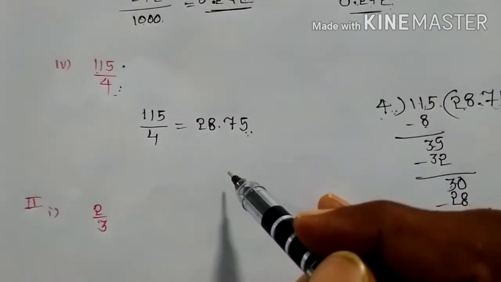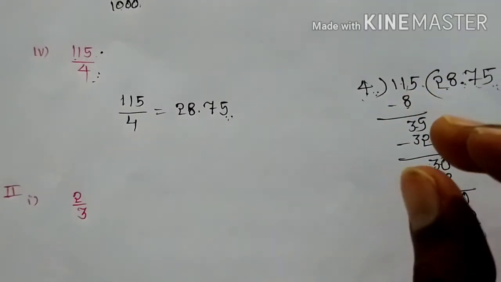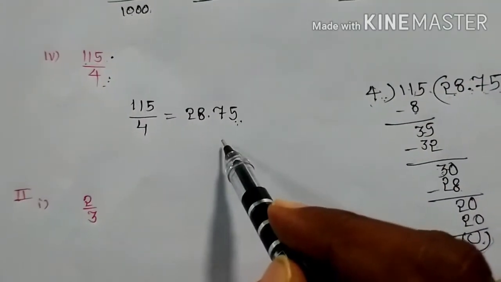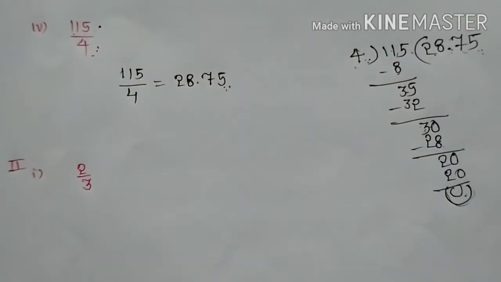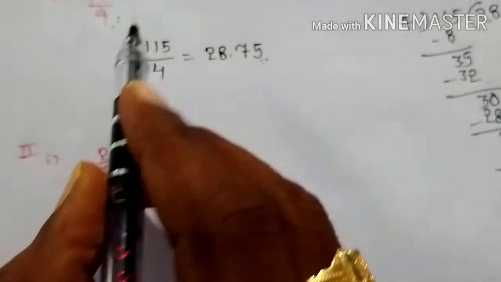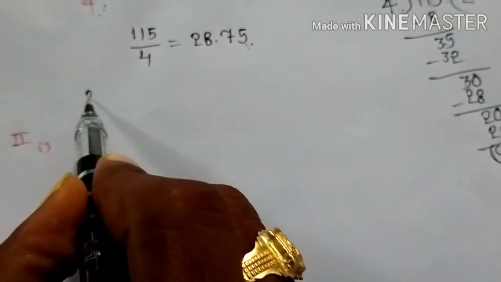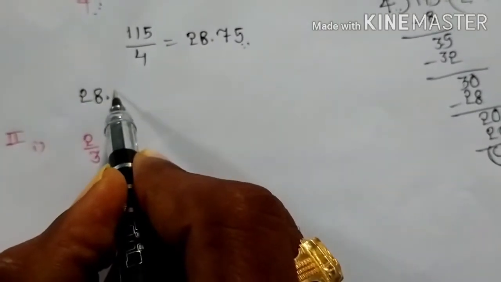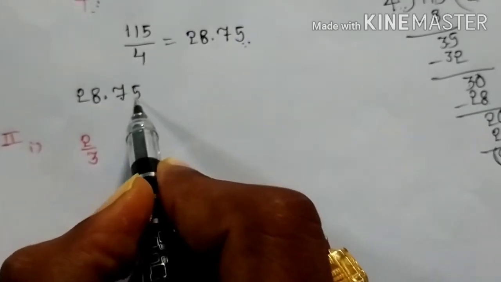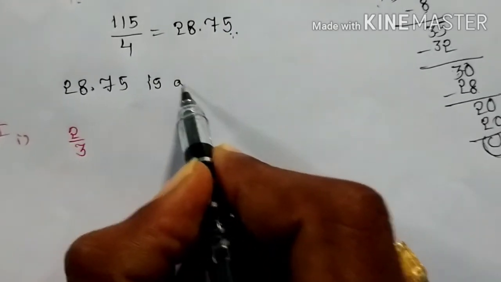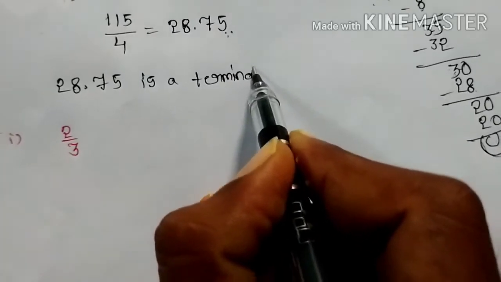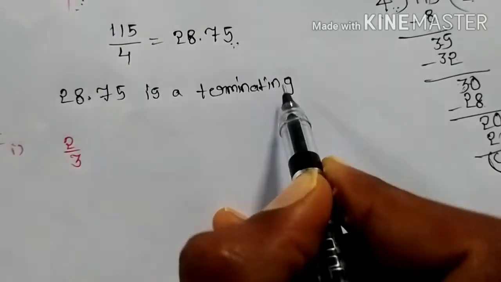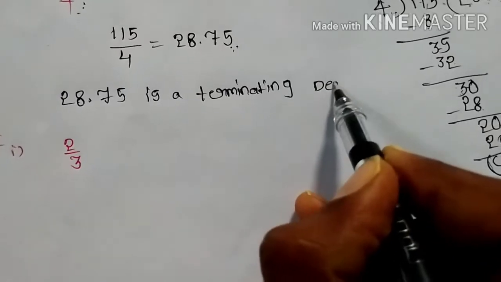We can simply mention these rational numbers are terminating decimals. Here also 28.75 is a terminating decimal.